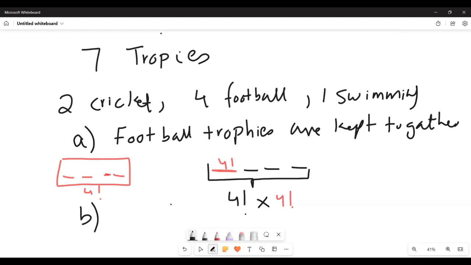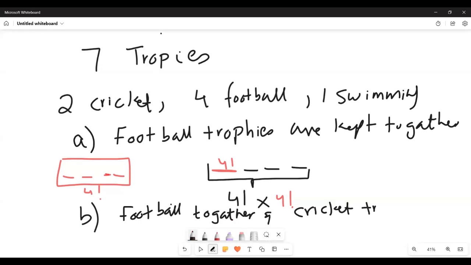Part B is football trophies are together and cricket trophies are together.